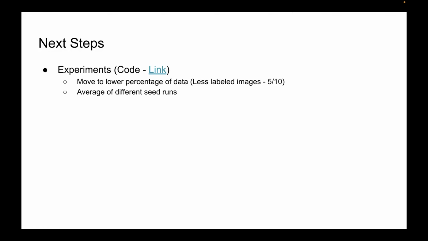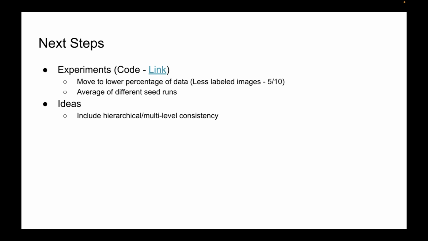I'm also looking into the average of different seed runs, because in a semi-supervised approach the labeled data we take may or may not be the best sample. So we have to average multiple seed runs so that the story is clearer on whether the approach is helping or not.